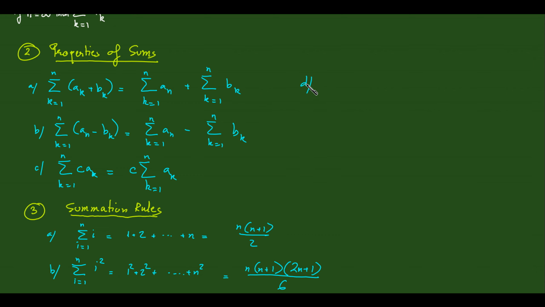The fourth one will be sigma k from 1 to n of a constant number c, and this is equal to n times c. There you go.